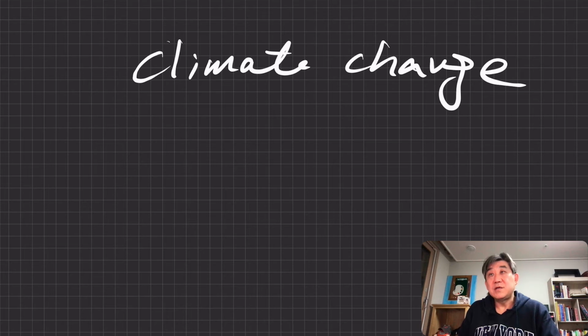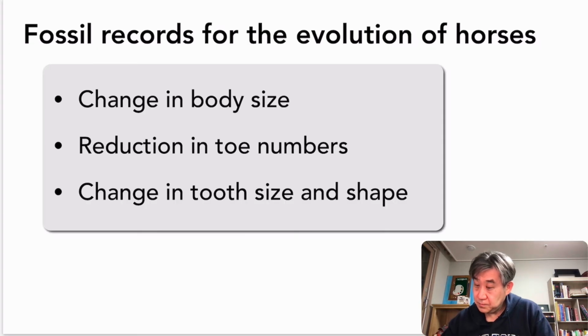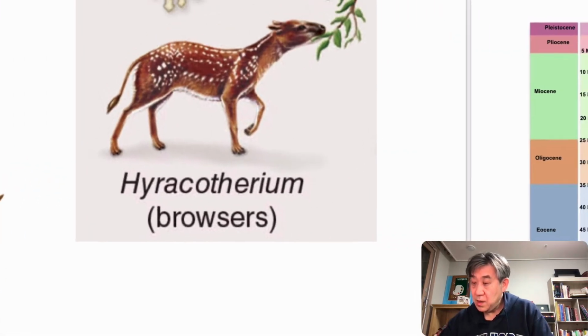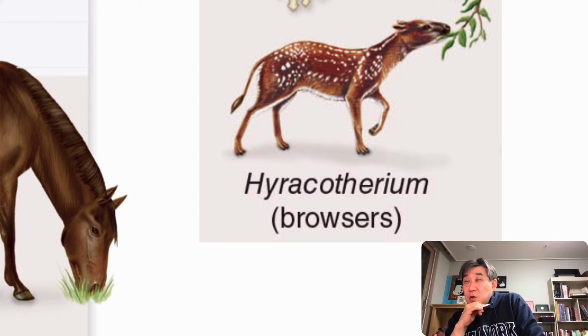Let me just go over this a little bit more in detail. So this Hyracotherium had its habitat in the forest, as a small-bodied animal.